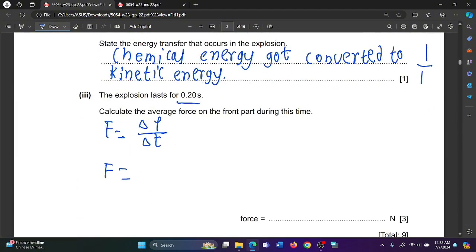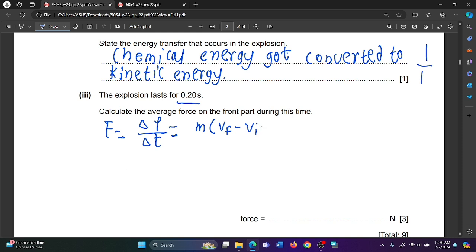One more thing. Instead of just writing delta P, I can also write mv, mass into vf minus vi.